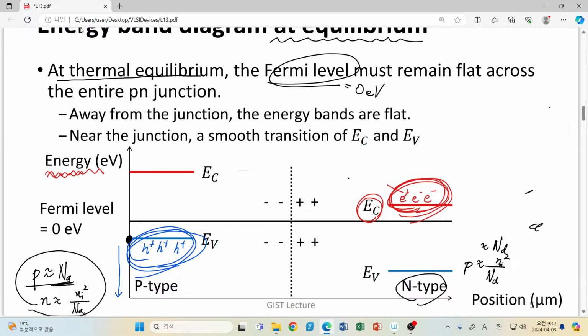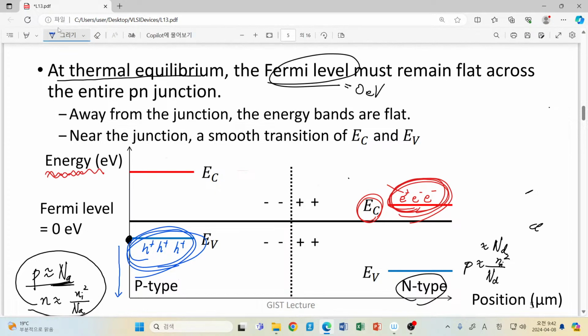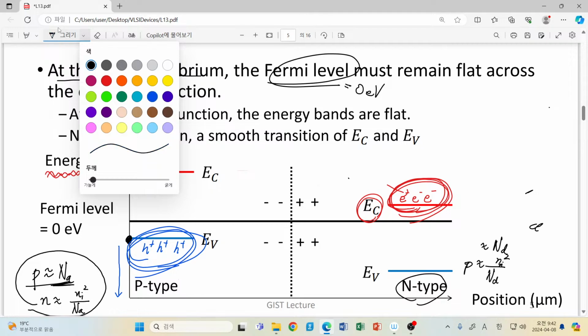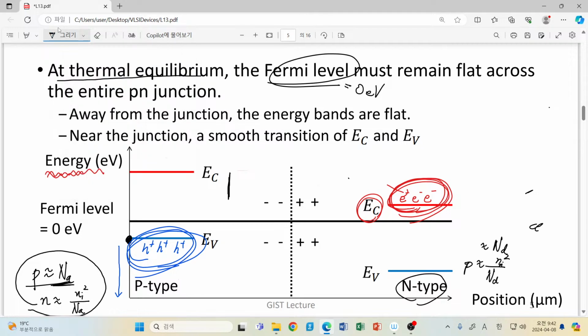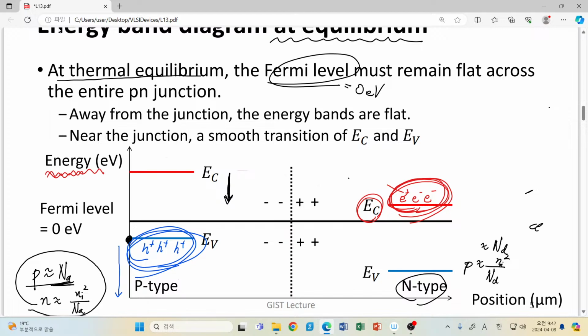Okay, so that is the situation, and although we have no idea of the exact form, we can think about the energy barrier between these two parts. Simply speaking, the energy barrier shown here is obtained from the doping density.